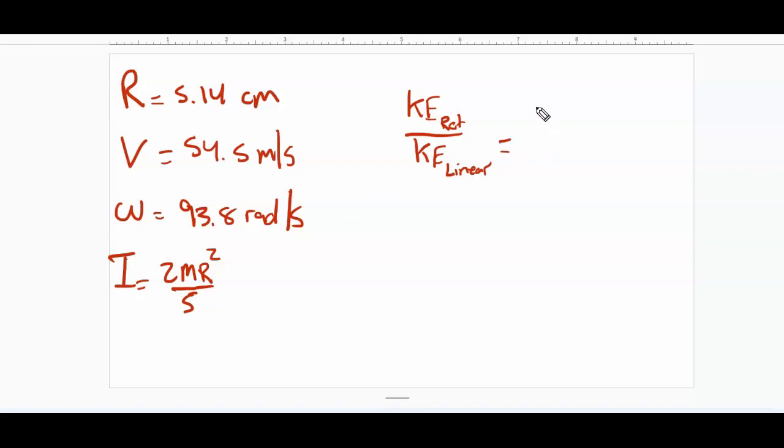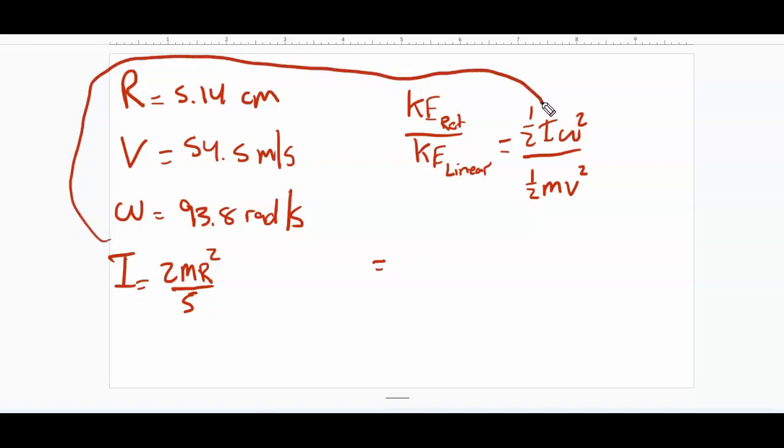Well, rotational kinetic energy is 1/2 I omega squared, and linear kinetic energy is 1/2 mv squared. So how can I find this ratio? If I take my equation for I and plug it in here, I have 1/2 times I, which is 2/5 mr squared, times omega squared, divided by 1/2 mv squared.